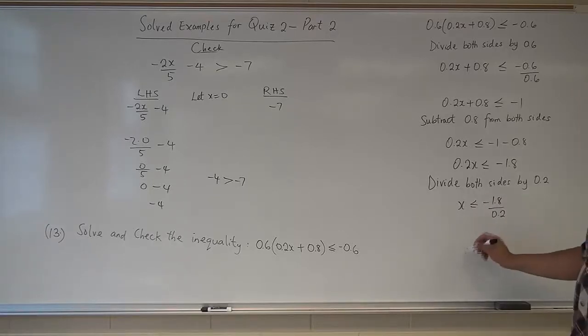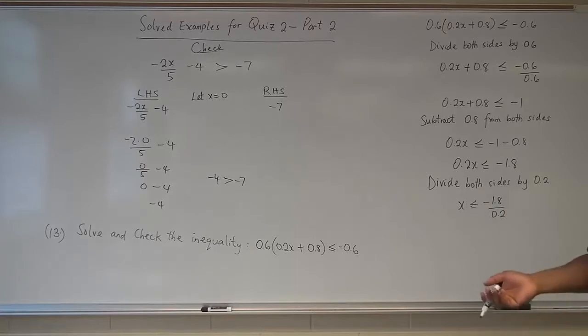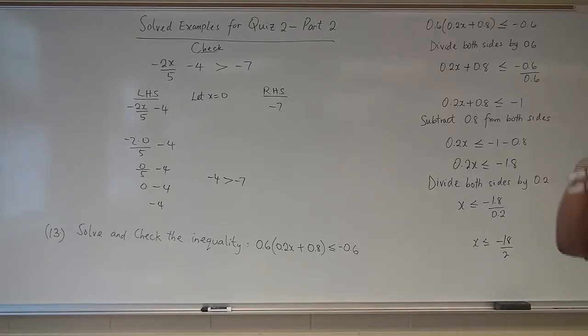And assuming you're not solving this with a calculator, this is the same thing as saying the equivalent fraction -18 over 2, if you multiply both the numerator and the denominator by 10. So x is less than or equal to -9. And this becomes your answer.